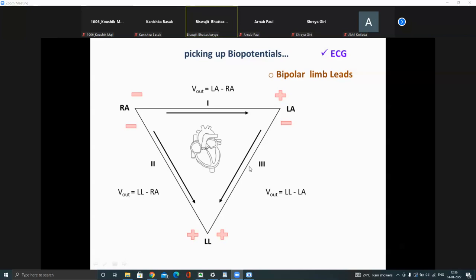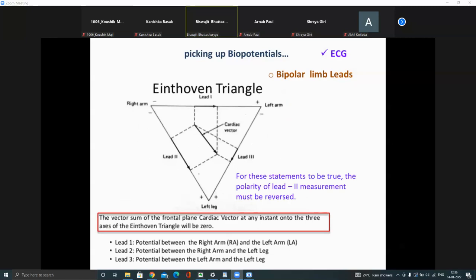Now our body and heart are a closed entity, so obviously we can apply Kirchhoff's voltage law, KVL. They are forming a closed loop.